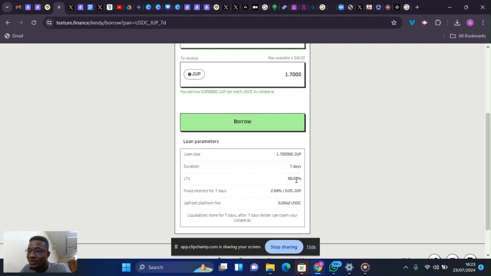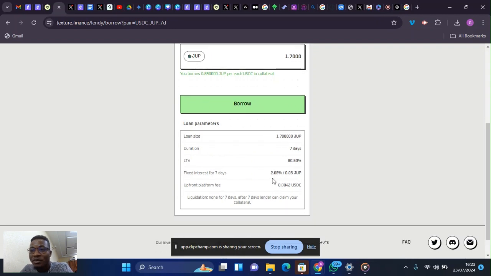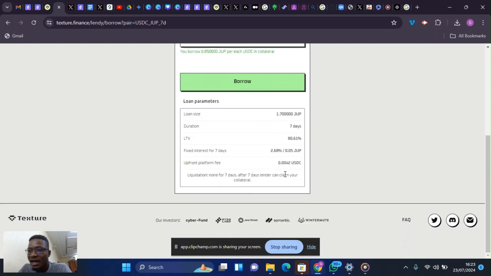That's the loan to value, and the platform interest, which is the gain, is just 2.68%, which is 0.05 JUP for the rate I am borrowing.